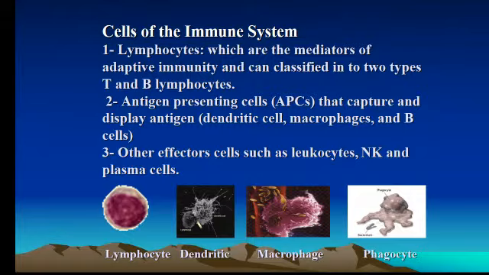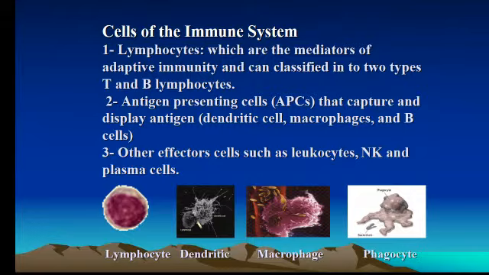Three other effector cells, such as leukocytes, NK, and plasma cells. We already talked about natural killers being one type of T lymphocytes, not the T helper, not the CD8 T killer. It is the NK, natural killer.